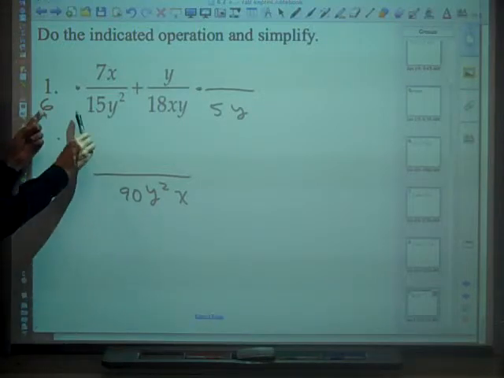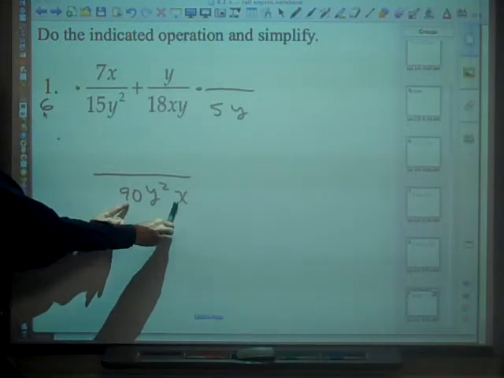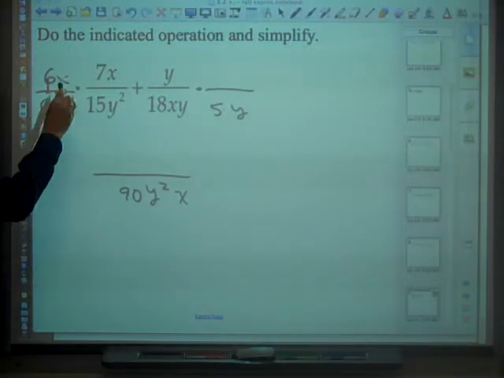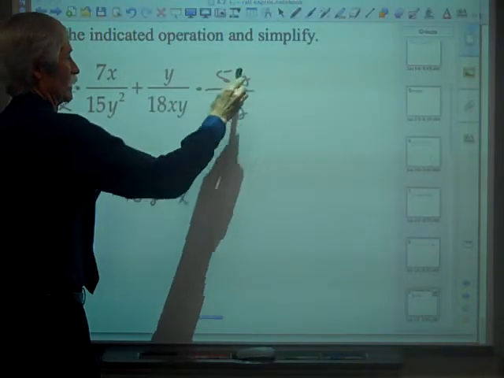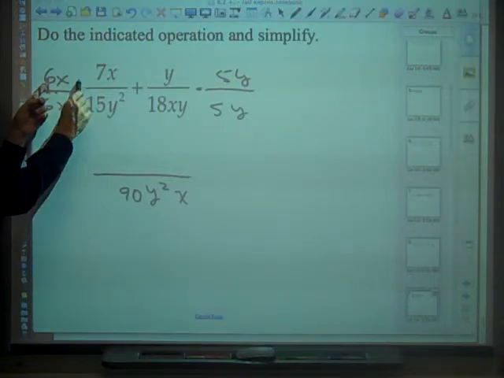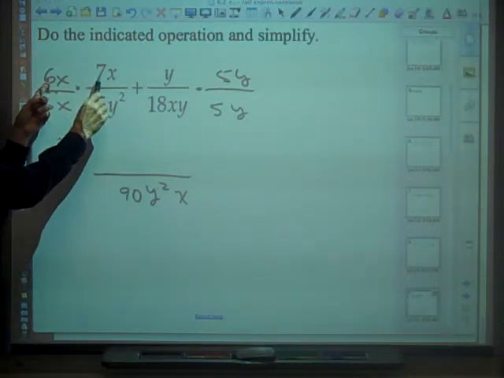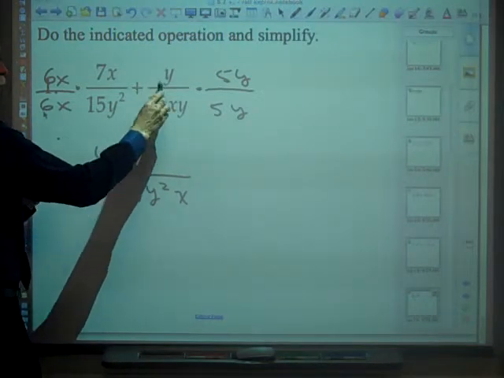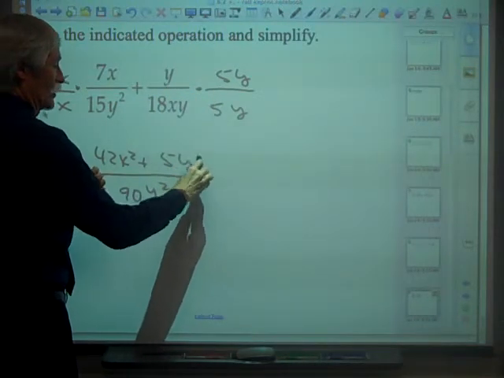There's my 90. What else does it need for the common denominator? An x. So multiply by 6x there and 5y there. What does this numerator become? 42x squared and 5y squared.